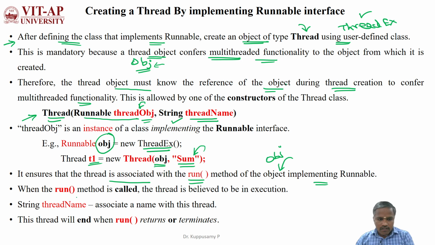Once the start method is called, the run method related to the class ThreadEx will automatically be invoked. The thread will end whenever the run method returns after completion of all the actions, or whenever it is terminated.